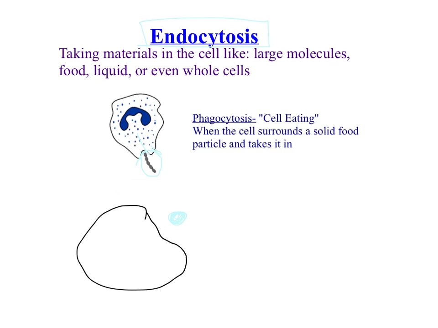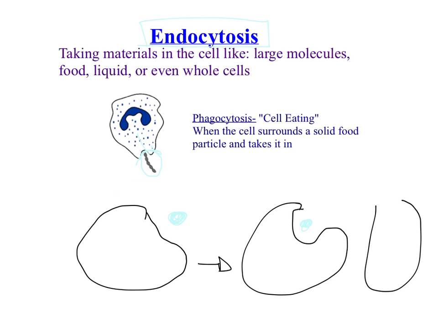It creates a bubble around it and then pinches it into its own cell so that it can have that needed large molecule. We've talked about macromolecules before, like proteins, lipids, things like that. This process, when a cell pinches in a large molecule, is called endocytosis.